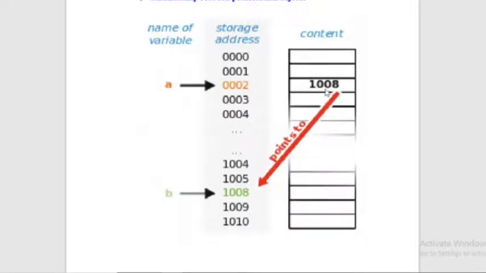So what is the content here? 1008, and this 1008 is a storage address. This variable points to another variable, so this variable B contains what? Some storage address that is indicated by another variable called A.